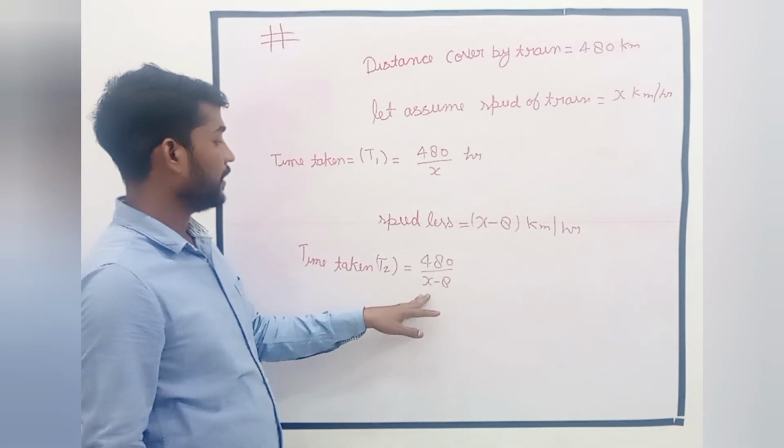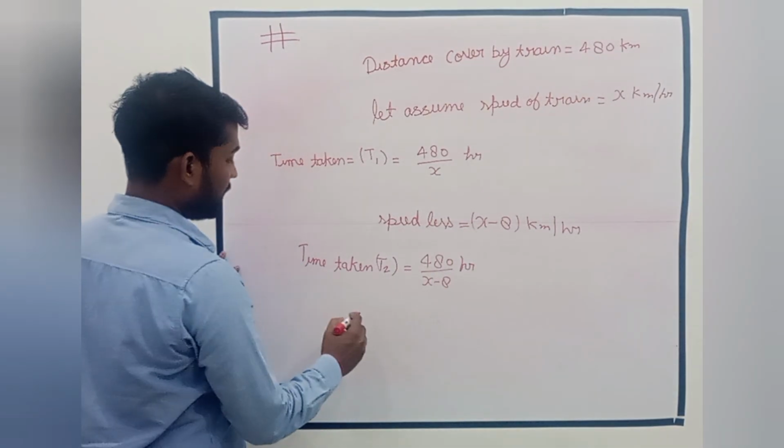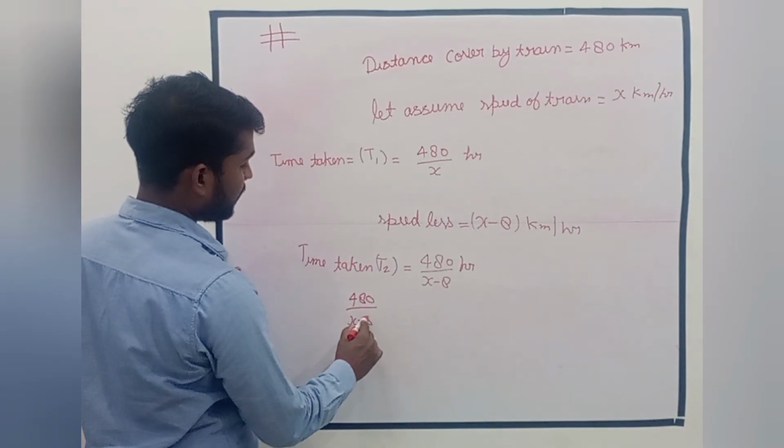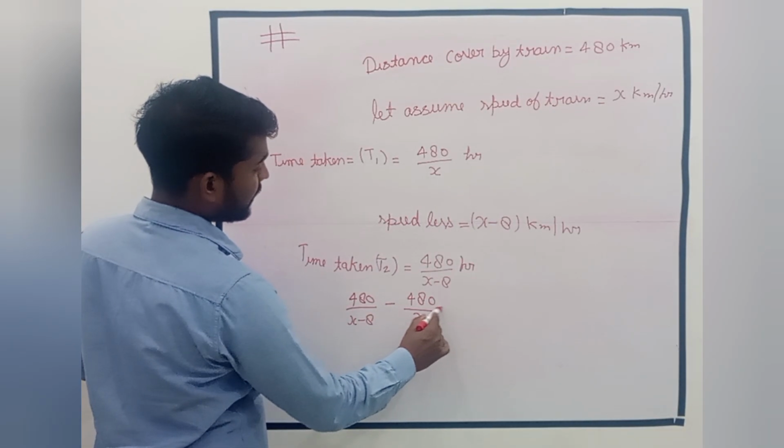Now this T2 is 3 hours extra, so according to the question, 480 upon x minus 8 minus 480 upon x equal to 3.